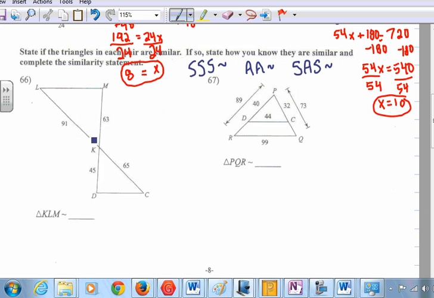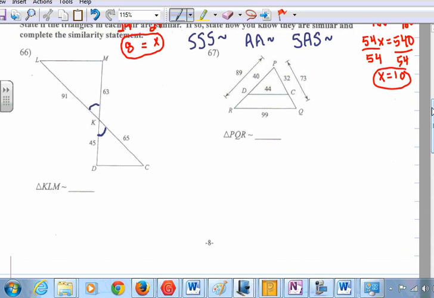For problem 66, what kinds of angles do we need to label? We have vertical angles here, and vertical angles are always congruent. So, if we have the vertical angles marked, and we have two pairs of corresponding sides, what conjecture are we going to use for problem 66? Side angle side similarity.